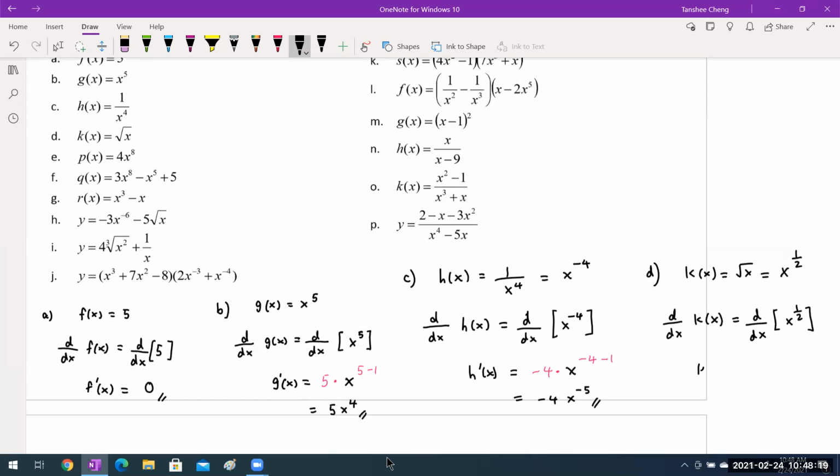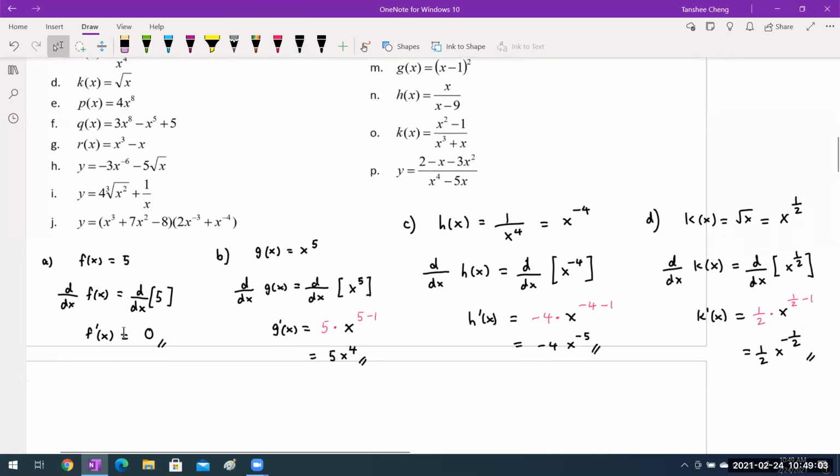So k prime is equal to, bring down the exponent, which is 1/2, times x to the 1/2 power minus 1, according to the formula. So my final answer in this case will be 1/2 x to the negative 1/2. This basically tells us that the square root of x will be in the denominator if you rewrite it with a positive exponent.